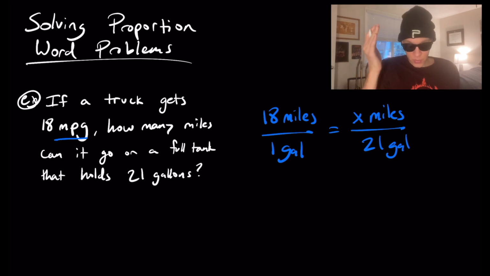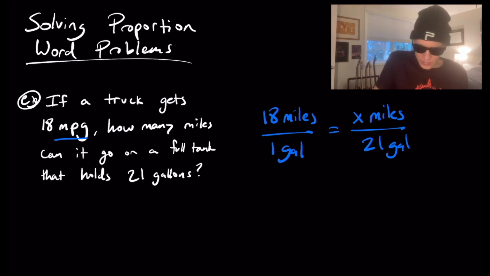I tend to just go with cross products and break out the calculator if I need, or remember to simplify your fractions if you can. There's no simplifying that we can do here, so we'll just cross products. And let me just rewrite this without the terms. So we've got 18 over 1 is equal to x over 21.